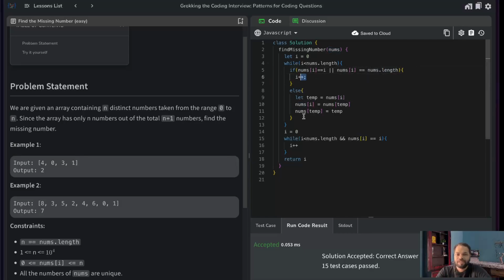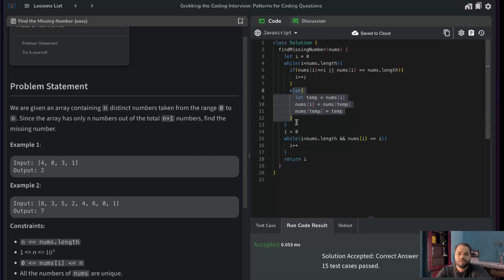And else, the part is the same, we are just replacing these values. Like if our index is at 3 and we know it's not at its correct index, so we'll replace it with 1, because 3's correct index is 1, so we'll replace it.